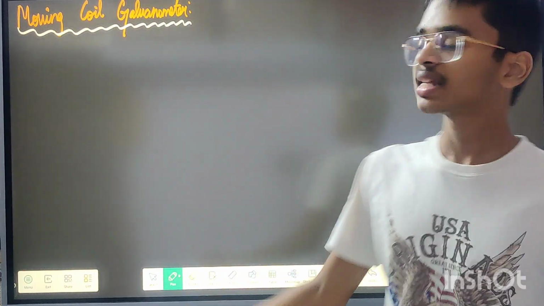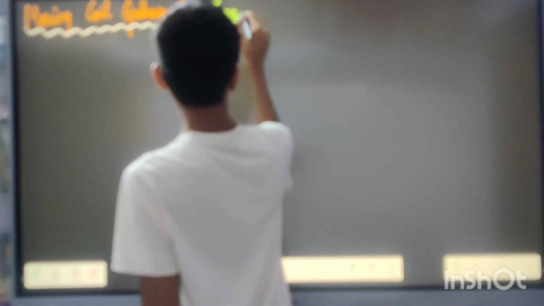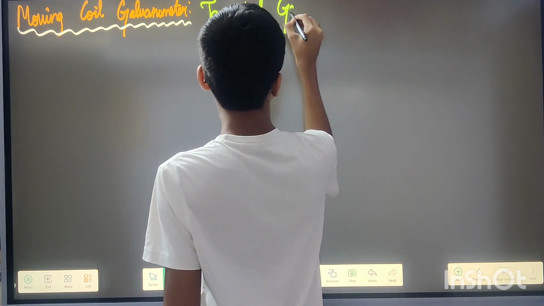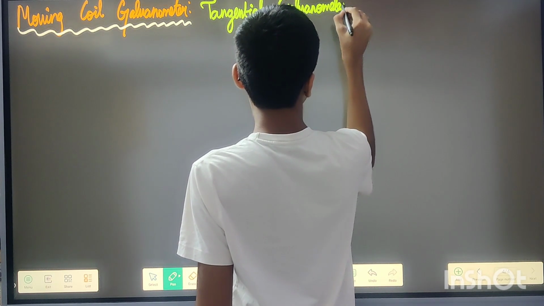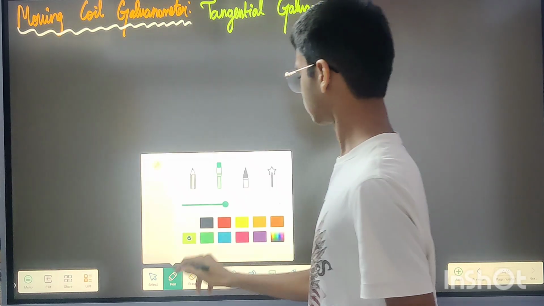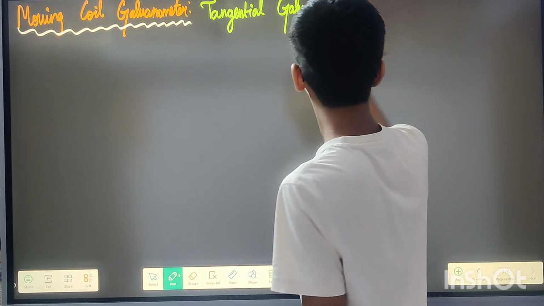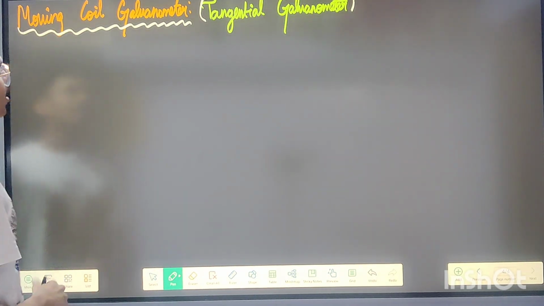Moving coil galvanometer is actually also known as tangential galvanometer. How is it known as tangential galvanometer? No, there is no how at all. This is just the other name.